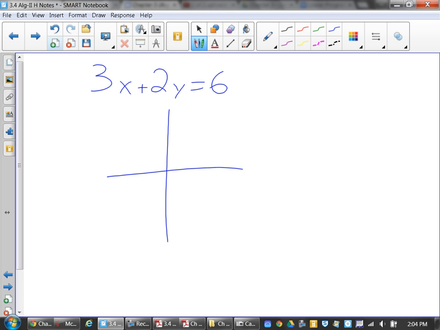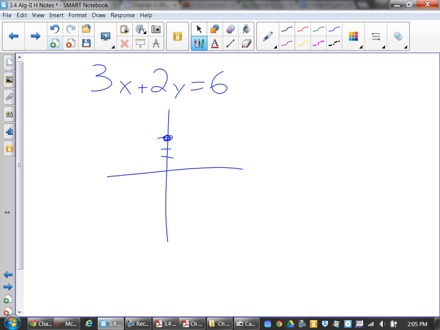What I would do is show you how you can graph things when they're written in standard form, because it's easy. When you have a y-intercept, what's your value of x? 0. Because if you hit the y-axis, the value for x is 0. What's your y-intercept? 3.